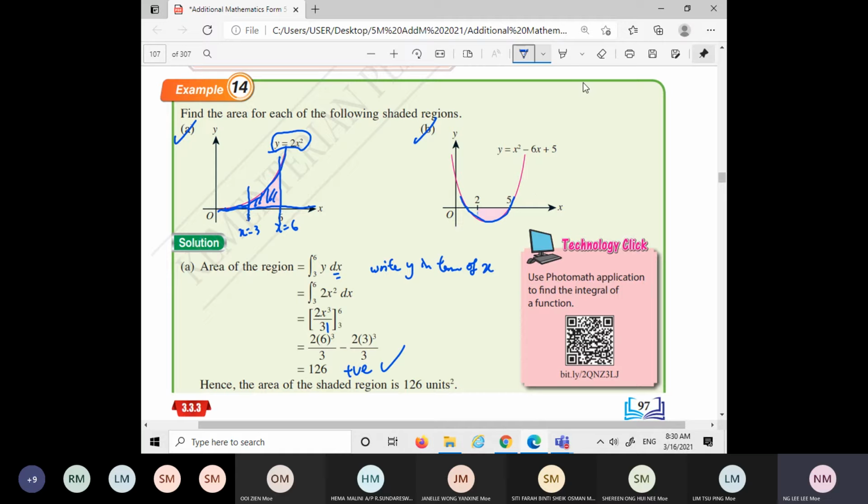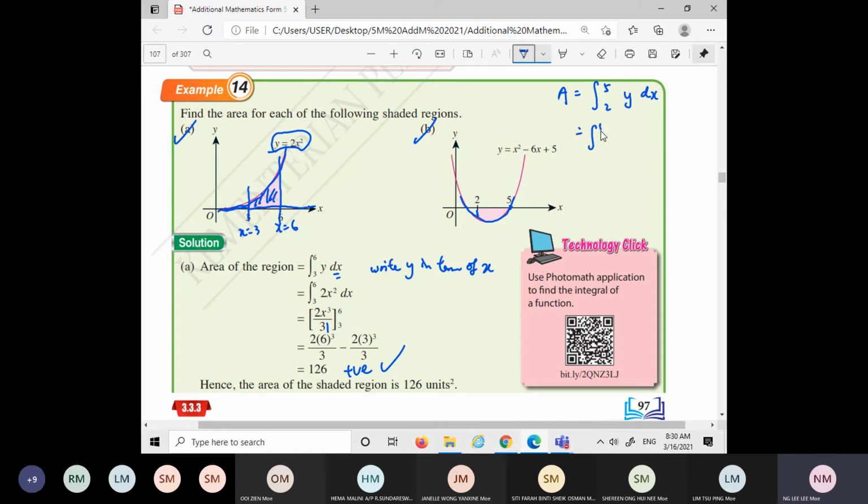So the area is equal to the integral from 2 to 5. Here is 2, here is 5. Then y dx. Why is it y dx, not x dy? Because the two values I take are from the x-axis, so the x-axis here is dx, so it's y dx.